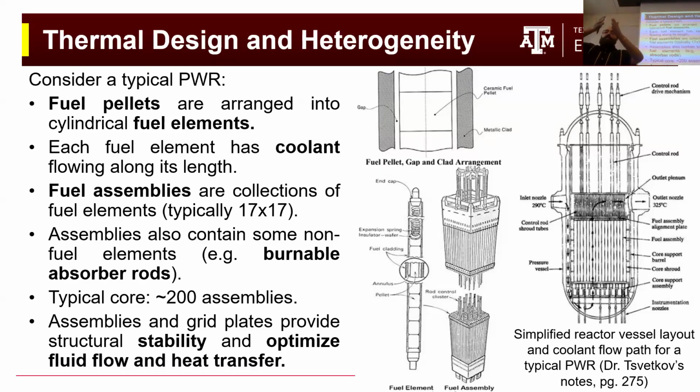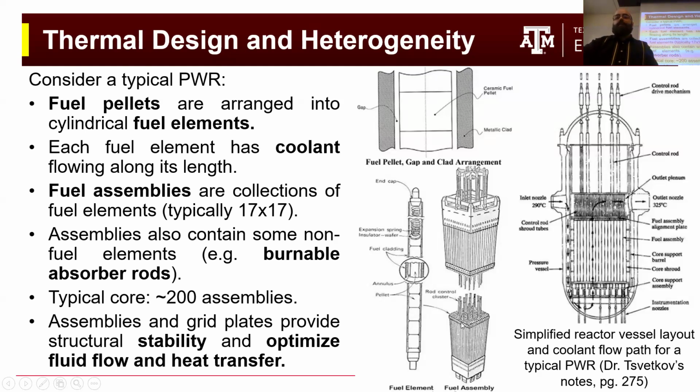We keep all of these elements in these long channels, and then we set a bunch of elements up into an assembly. This is illustrating the element. There's also a spring on top, right? That's because you're pinning all of those fuel elements together so that they don't move around. You stack a bunch of these fuel elements into assemblies.